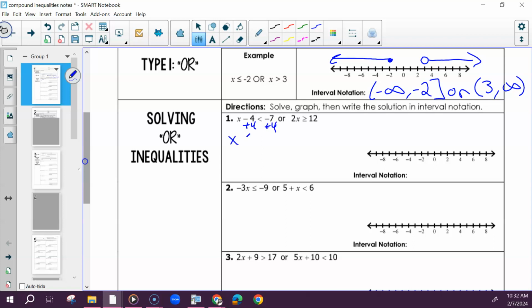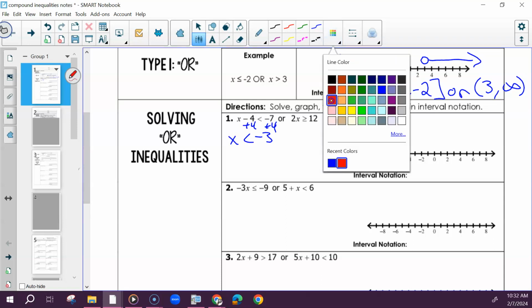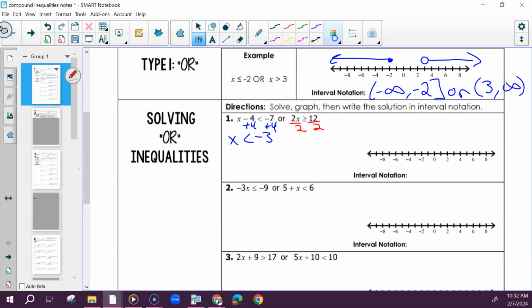So x is less than -3. And then for the other one, we would do what? Divide both sides by 2. So that x is greater than or equal to 6. Once you have both of your inequalities, in the middle of them, you need the word or.